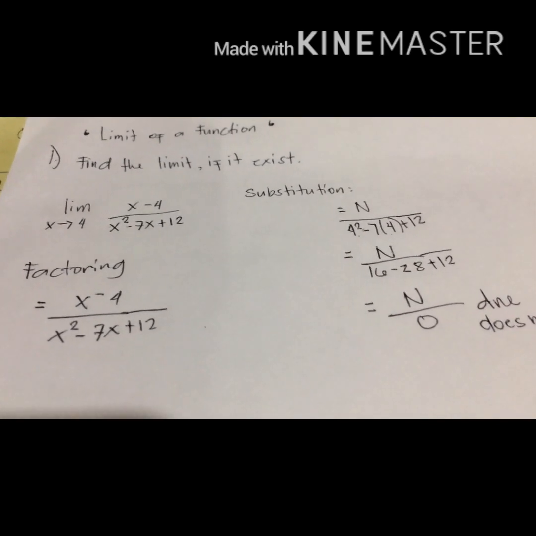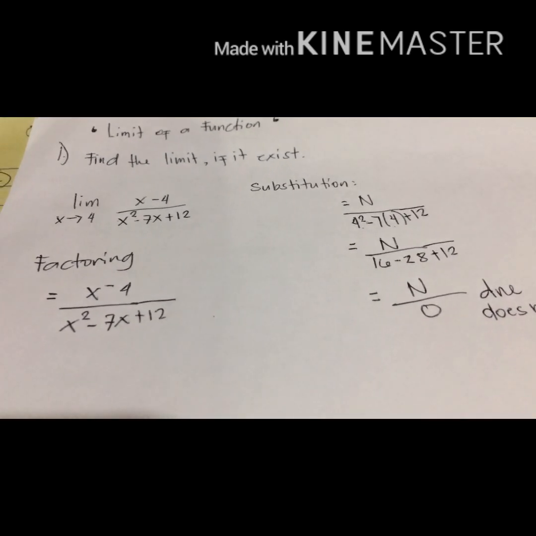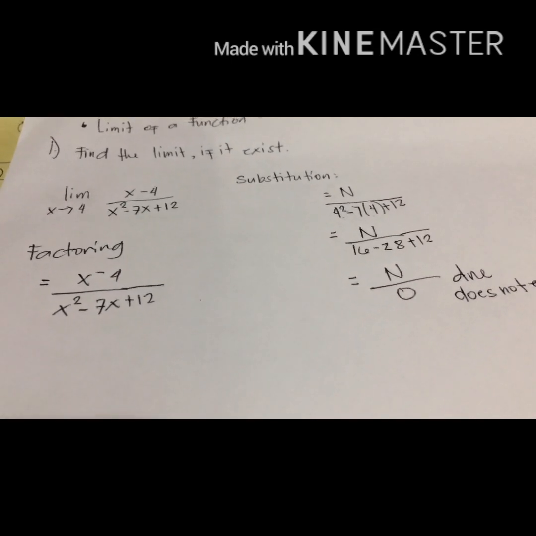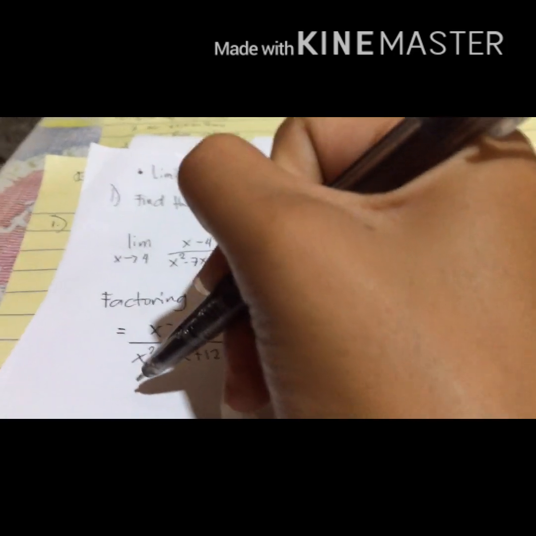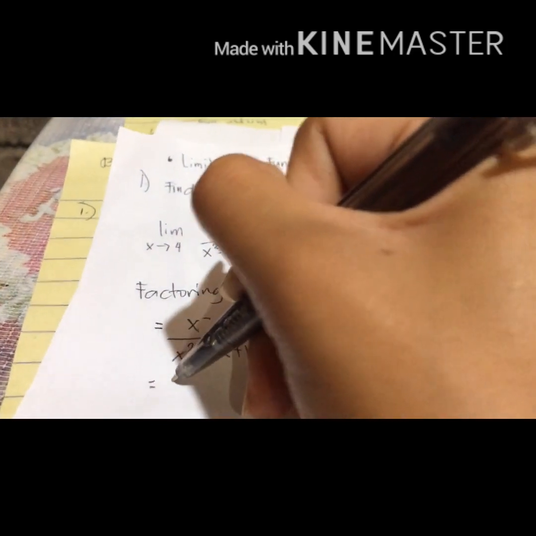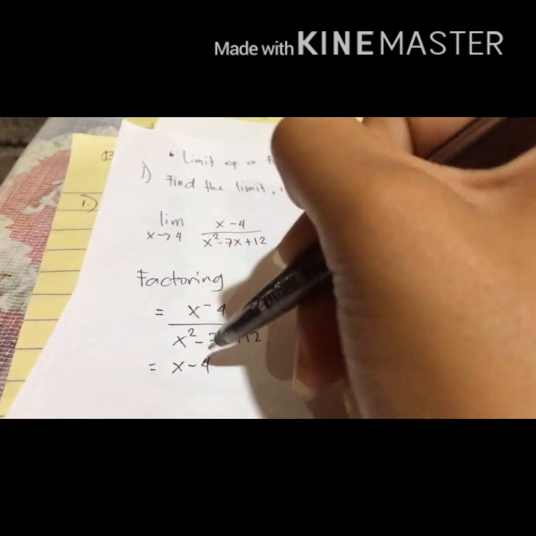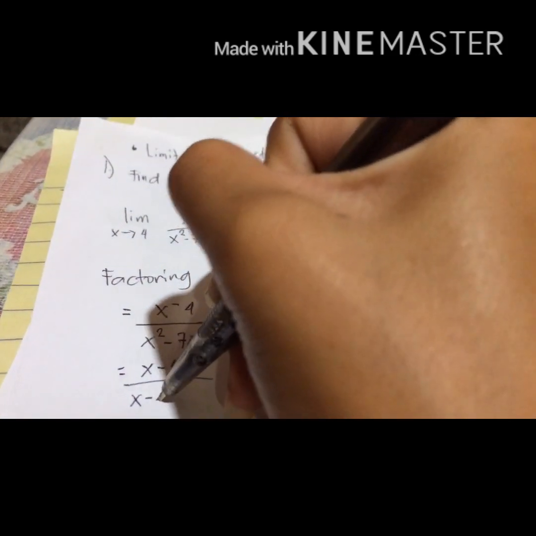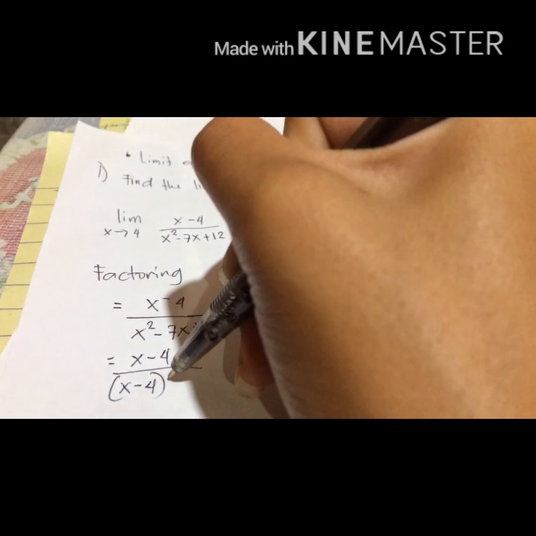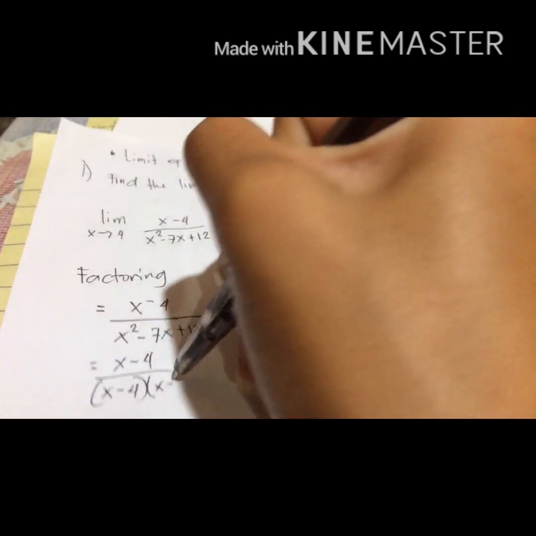If we factor the denominator, it will go like this: x minus 4 over x minus 4 times x minus 3.